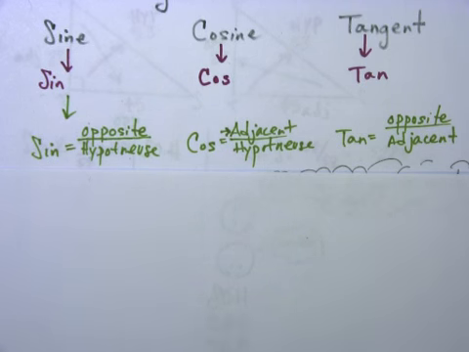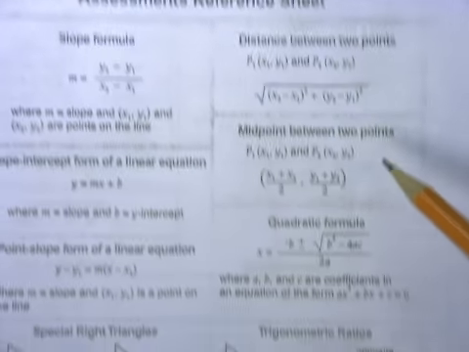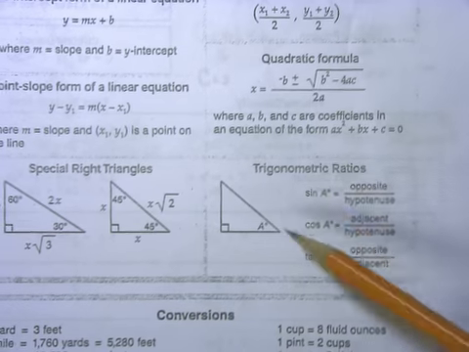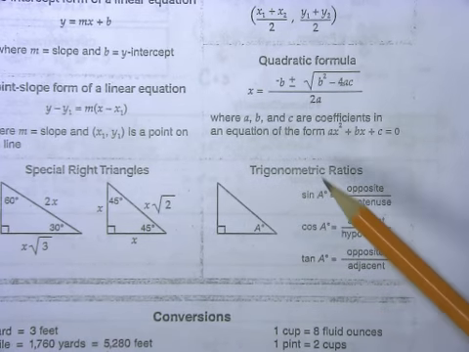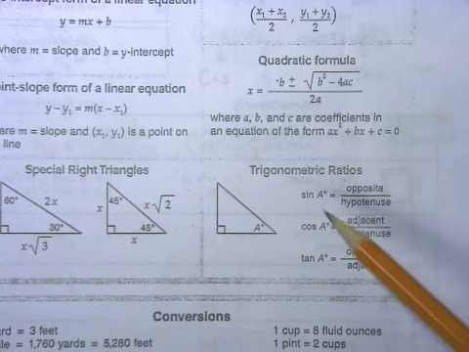And you might be saying to yourself right now, well, how am I supposed to remember all of that? Well, first of all, there's a very easy way to remember it, but in case you don't, it's on your reference sheet. Here is a copy of a reference sheet, and if I scroll a little bit down to the bottom, on the right-hand side, I have my trigonometric ratios.